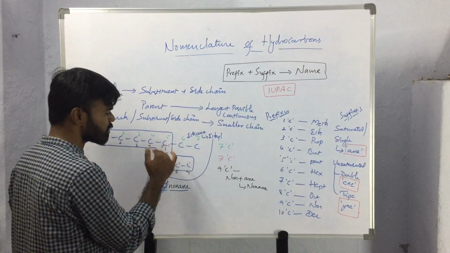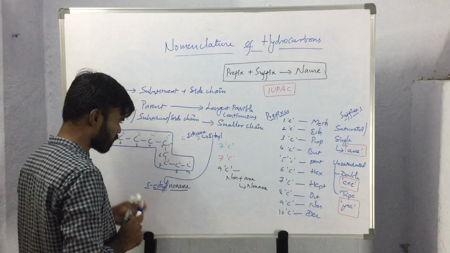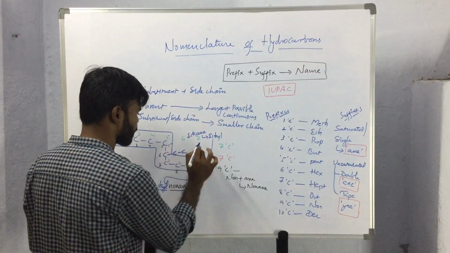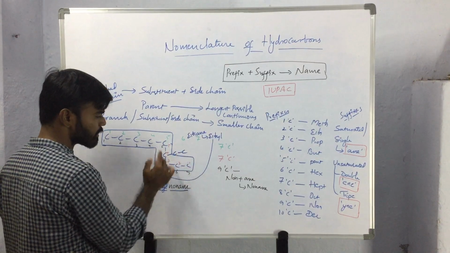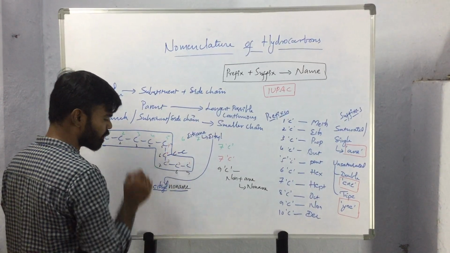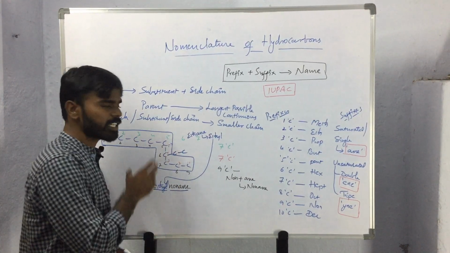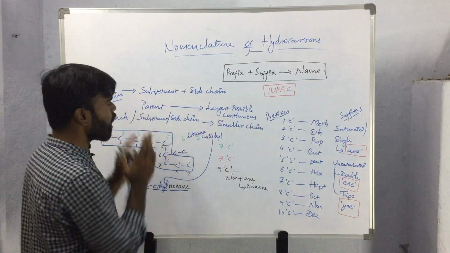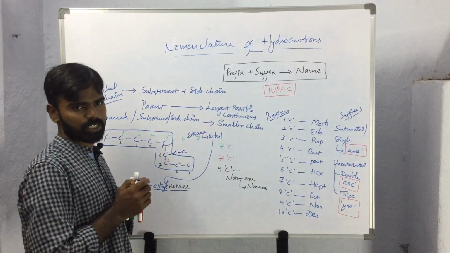So here 4 will be lesser than 6. So we will start numbering from here, and the name of the compound will be 4-ethyl nonane. Like that we will be giving the names to the branched chain saturated hydrocarbons.